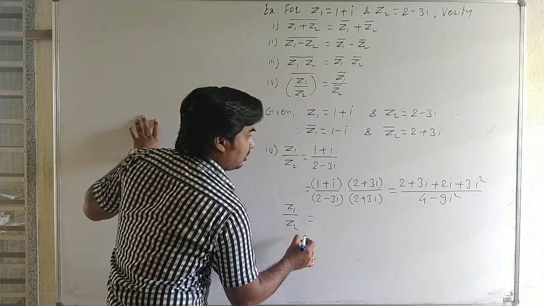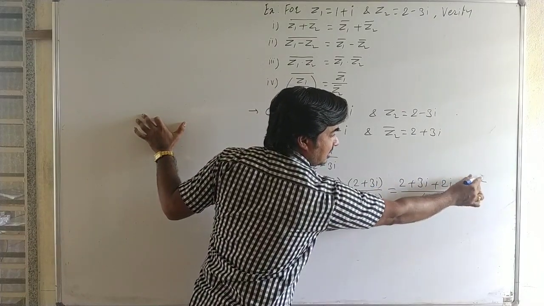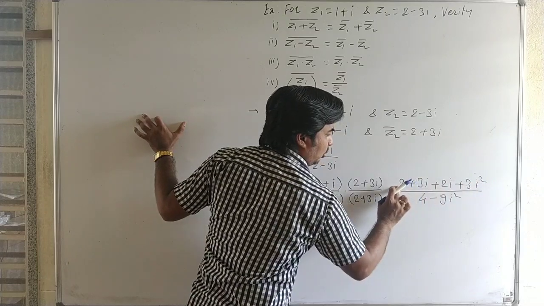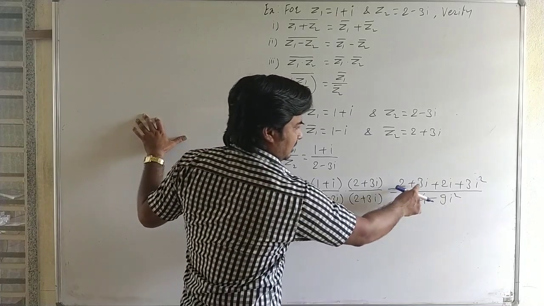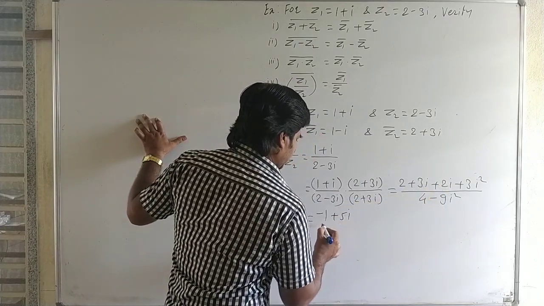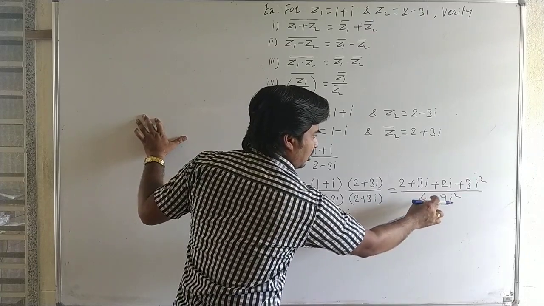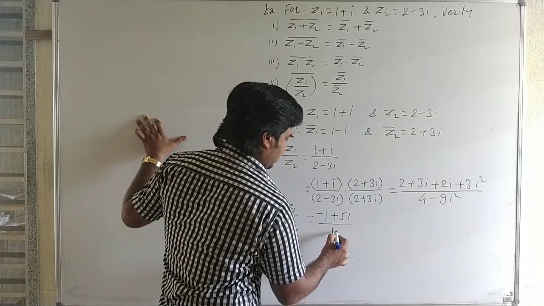Therefore z1 upon z2, it is 2 and it is minus 3, i square is minus 1, therefore it is minus 3. 2 minus 3 is minus 1. 3i plus 2i is 5i, and whole upon 4 plus 9, i square is minus 1, therefore it is plus 9, therefore it is 13.